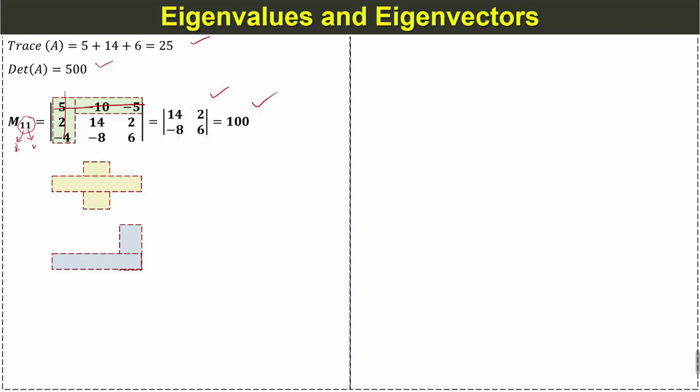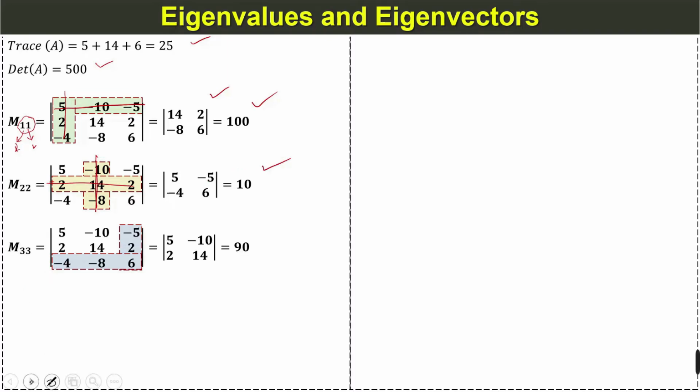For the second minor along the diagonal, M22, we leave the second row and second column, and we get this one. For the third minor, we leave the third row and third column, and we get this one. Now we sum up all these minors, and after summation we get 200. The sum of minors along the diagonal is 200.